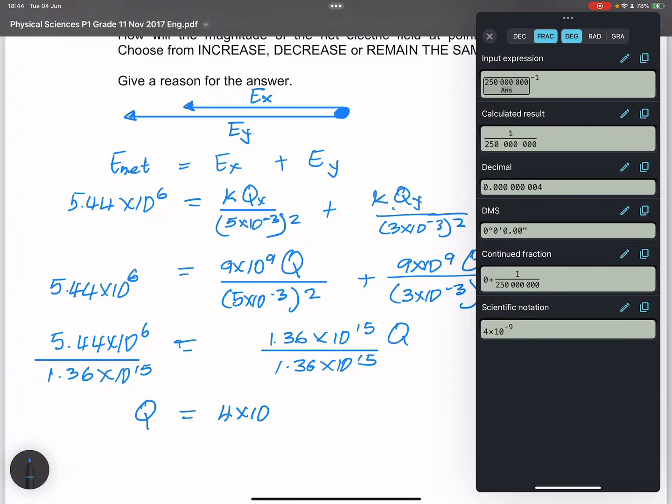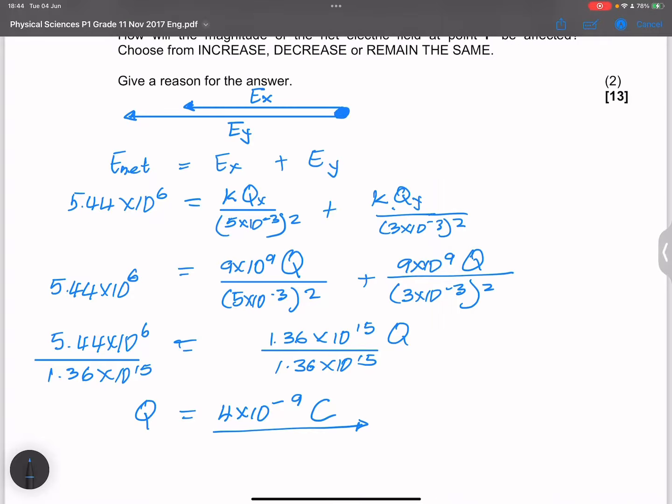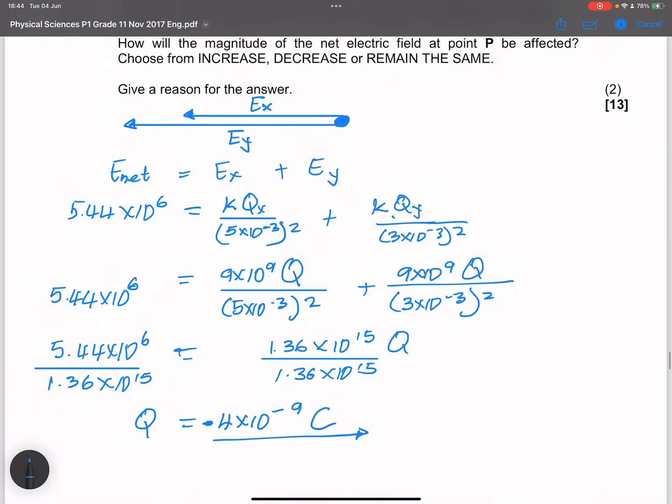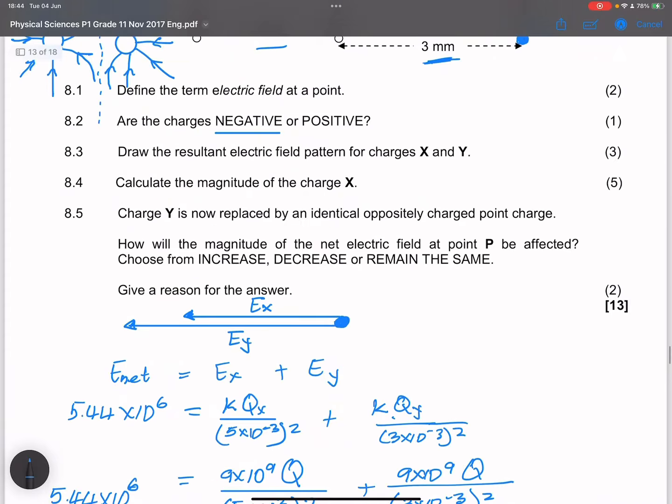That gives us 4 times 10 to the negative 9 coulombs. So this is 4 nanocoulombs. But please remember, we did say that they are negative, so that means we're going to have that negative charge over there. But we were just interested in the magnitude, so it's not necessary to put the sign.